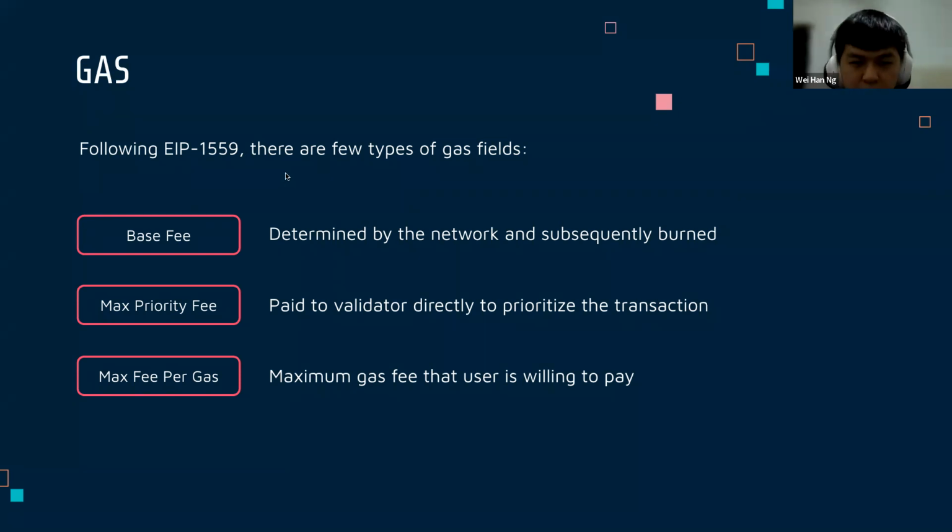In this proposal, published, I forgot which year, there are a few new gas fields, and the first is called the base fee. It's determined by the network and is subsequently burned. When we say burning the gas fee, one thing that might come to mind is deflation. I'm not 100% sure whether Ethereum is inflationary or deflationary, but if you burn ETH from the entire supply, you are reducing the supply of money in circulation.